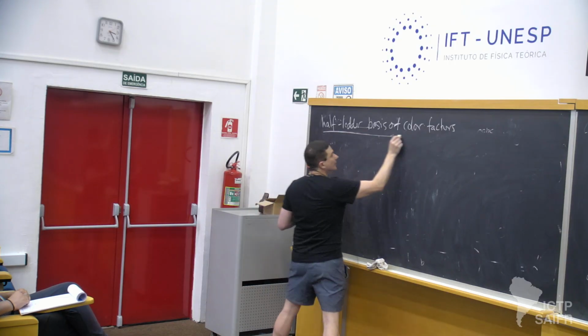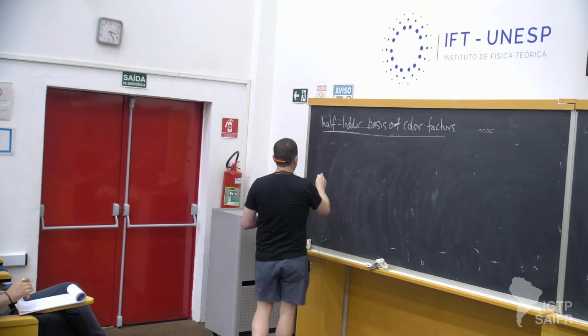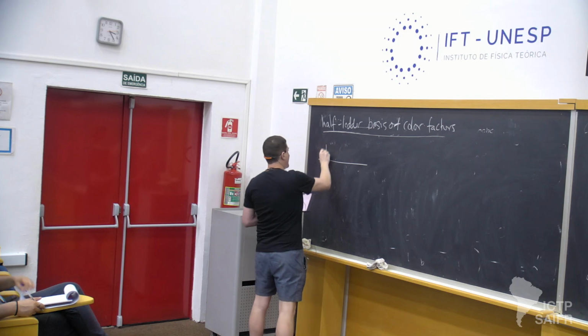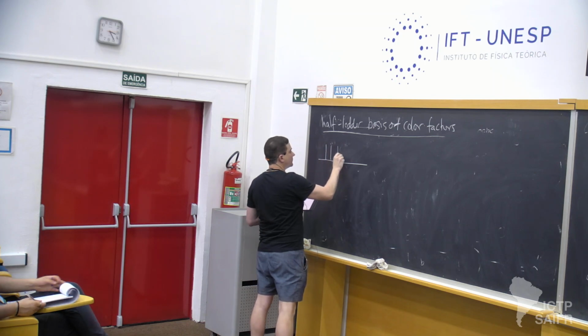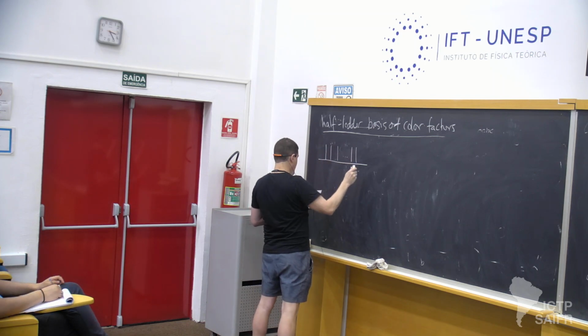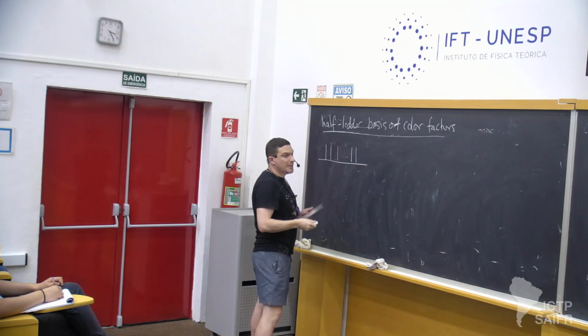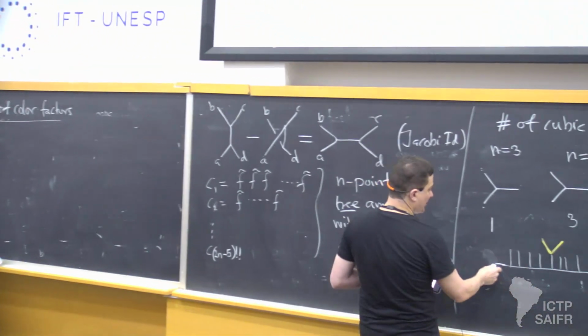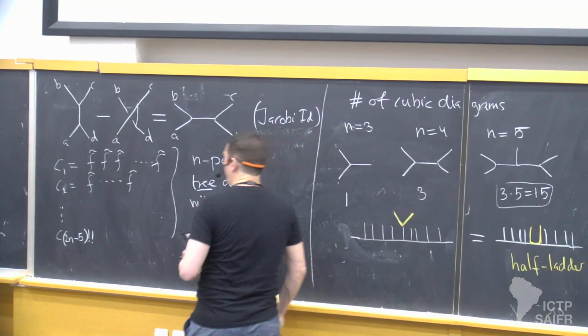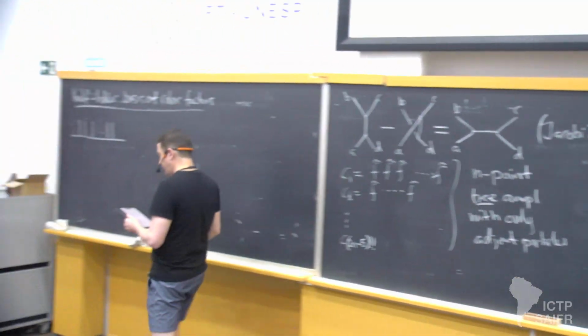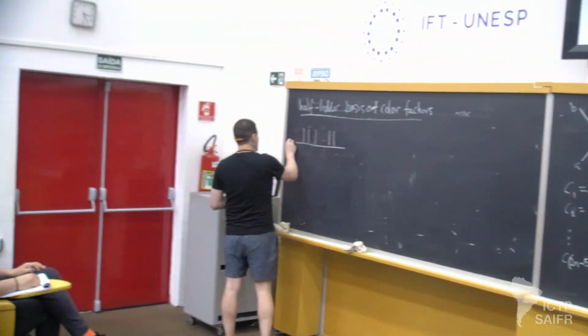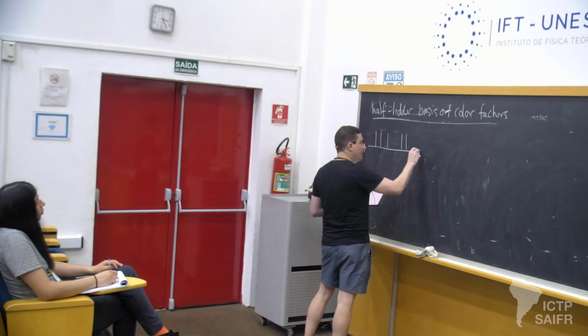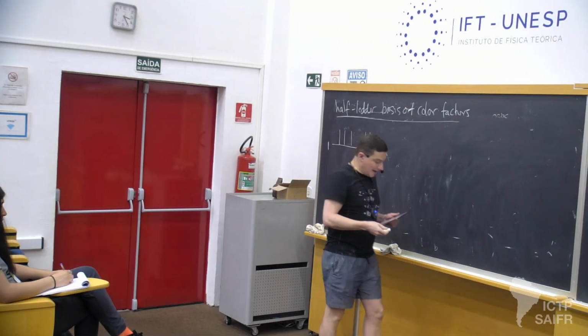So essentially, if I draw the half-ladder again, what we can always make, which wasn't very clear maybe here, is that you always make the first and the last particle the same. So let's pick the first leg to be particle 1 and the last leg to be particle n.